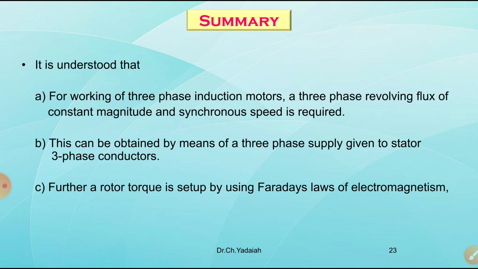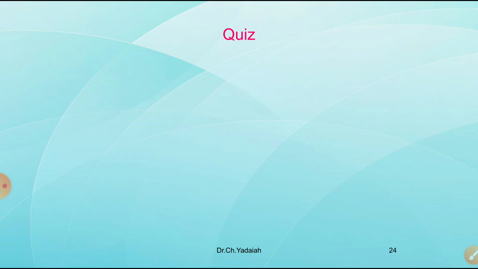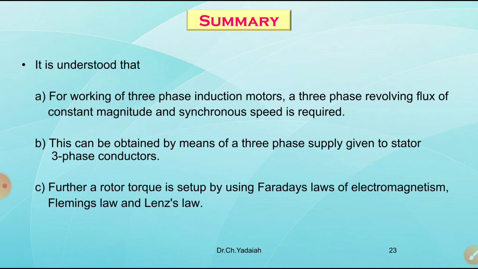Further, a rotor torque is set up using Faraday's laws of electromagnetic induction, and we can know the direction of the induced current by using Fleming's laws and Lenz's law. As per Lenz's law, we have already seen how the torque is developed. These are some topics we have covered.